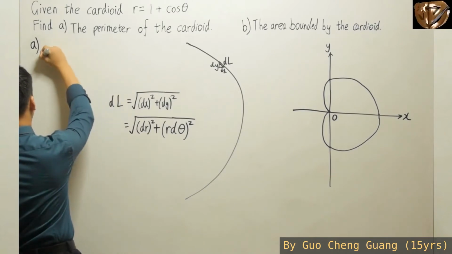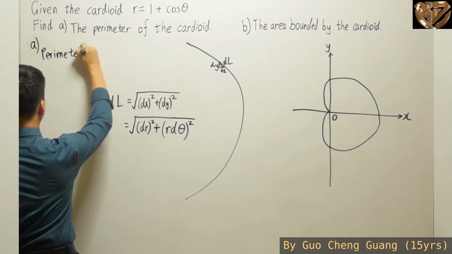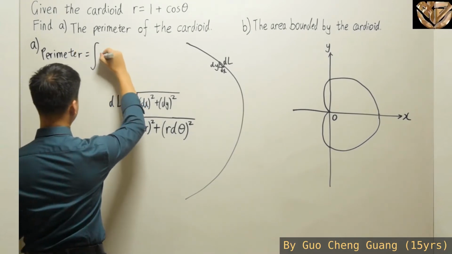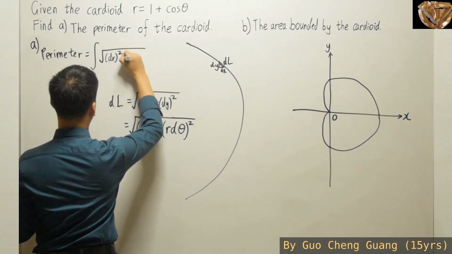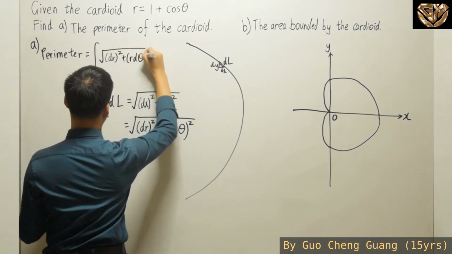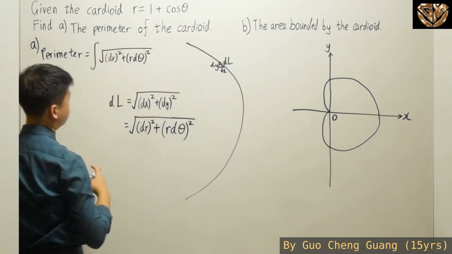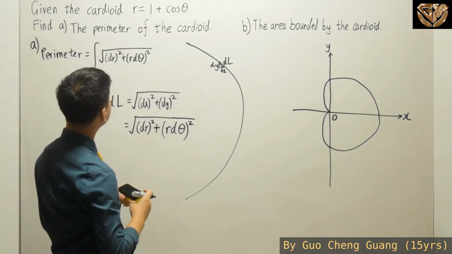That means your perimeter is going to be the integral from something to something of the square root of dr squared plus r d theta squared. But what are its boundaries? Let's think about it.